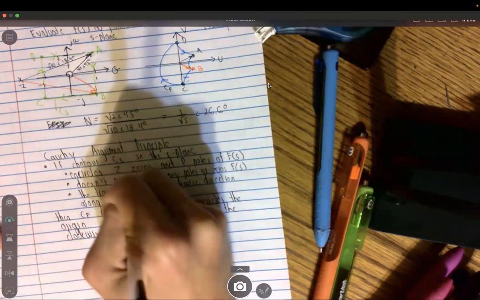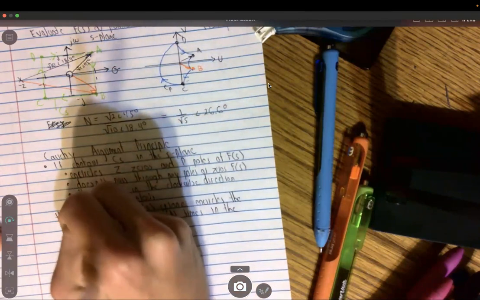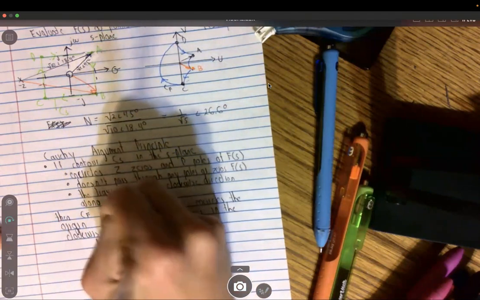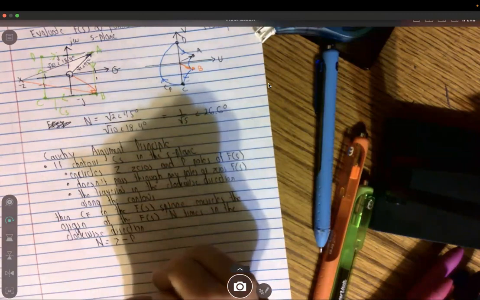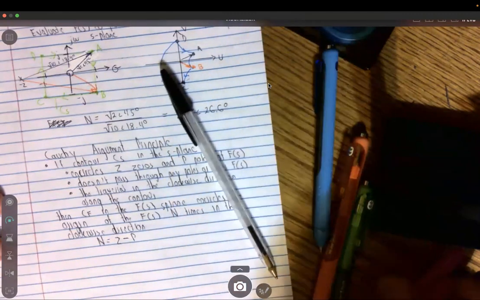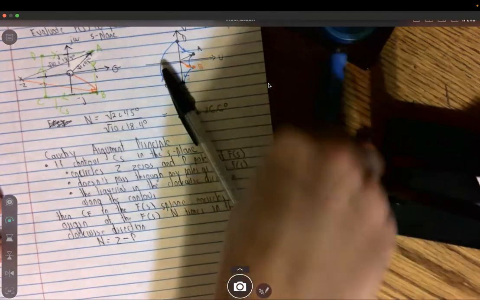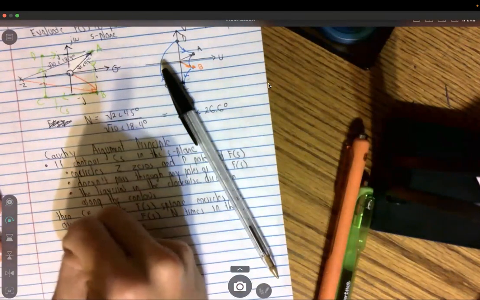And that would be given by n equals z minus p. So n would be the number of encirclements.